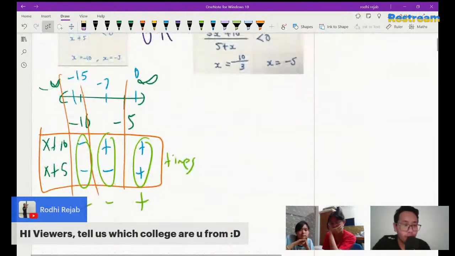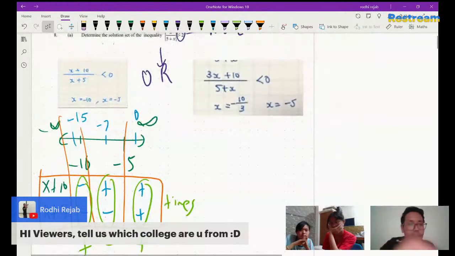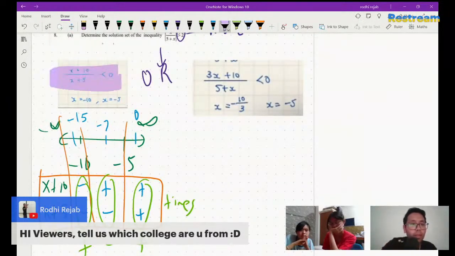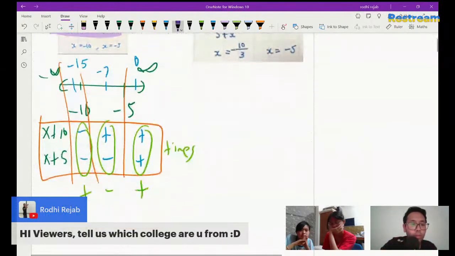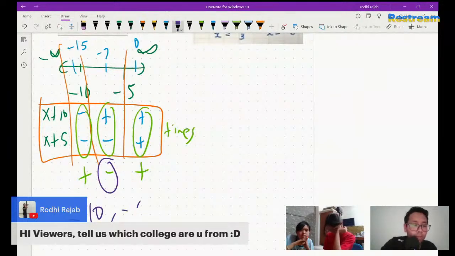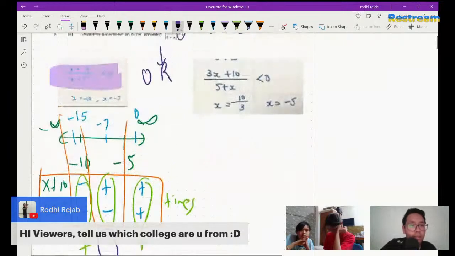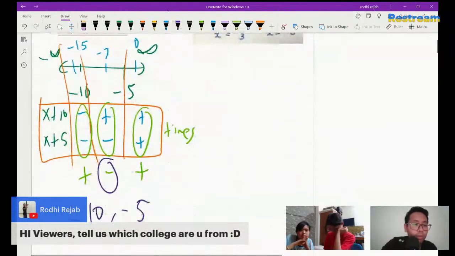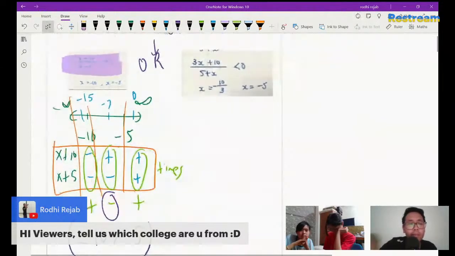And we want it to be less than 0, as we have calculated over here. Less than 0. So it will be just negative 10 to negative 5. Is it a closed or open bracket? It's an open bracket. And you need to repeat the same steps for the right side.